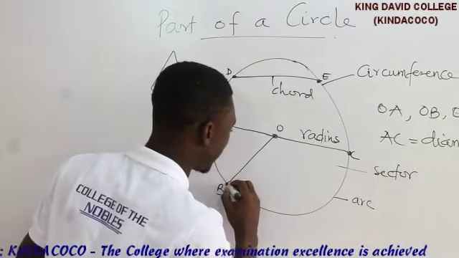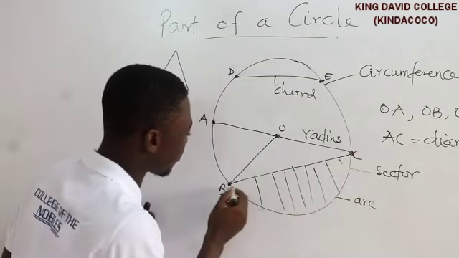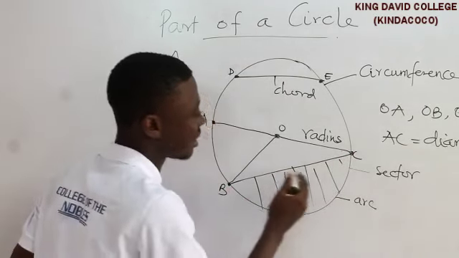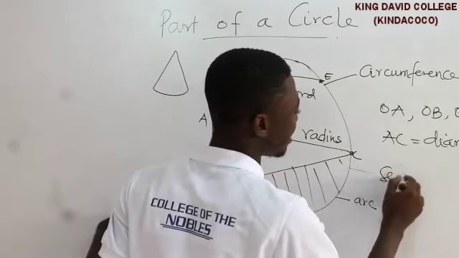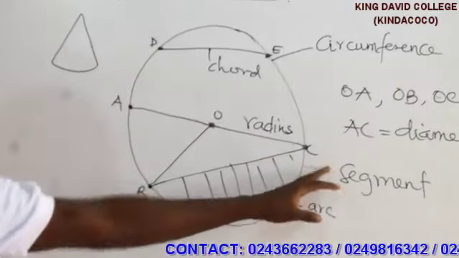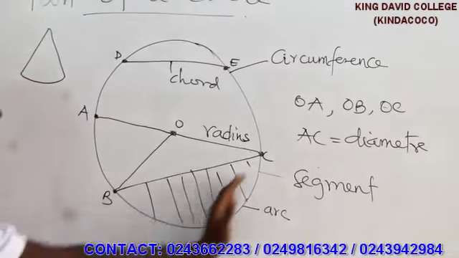So this part of it, from B to C, like this, will be called a segment. The shaded portion will be called a segment. So the arc is from here all through to this, and then the segment is the base portion of a sector.